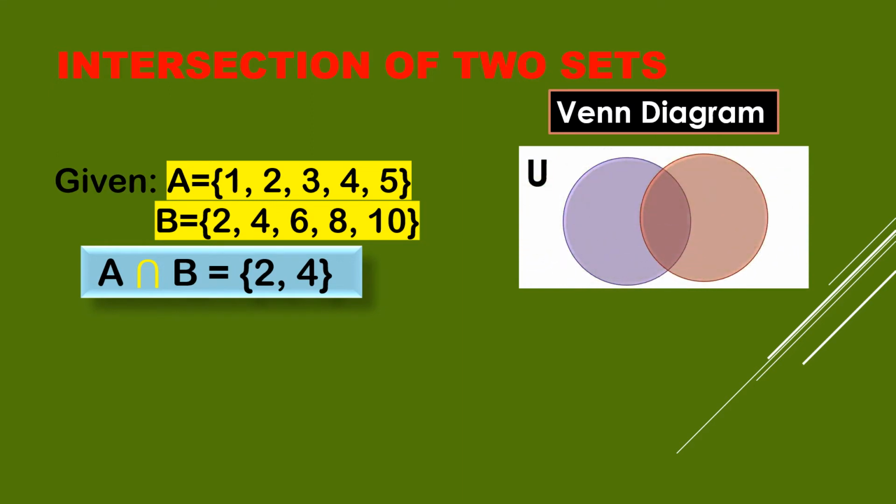Kung napapansin ninyo, yung subset natin, our sets A and B, yung circles ay nag-o-overlap. Kasi nga, may intersection tayo. So, dito natin ilalagay sa nag-overlap na part yung common elements ng dalawang set. We have here 2 and 4.